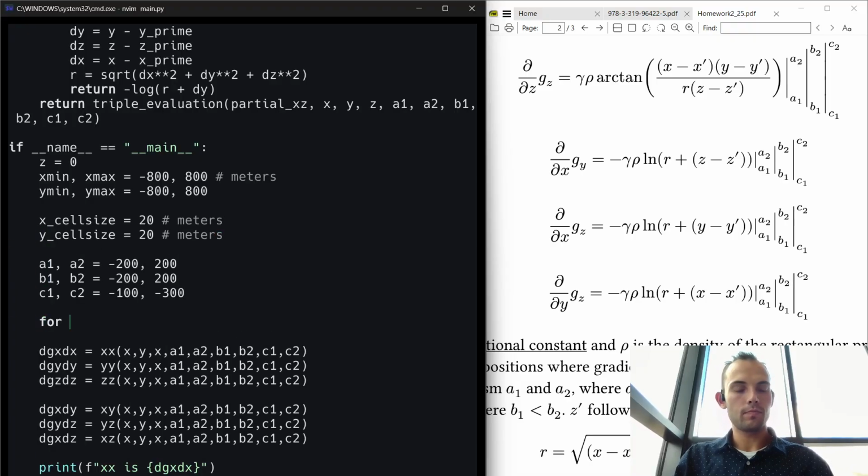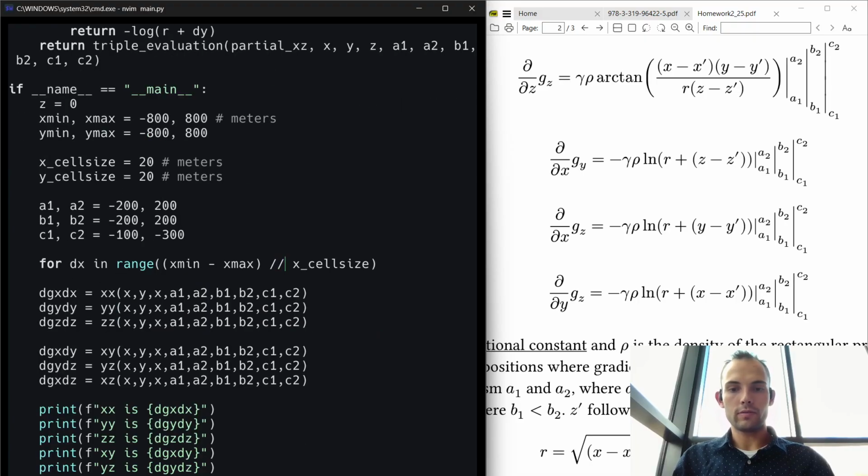In both. So for this step in the range x-min, the number of actual points is going to be cell size. Because it's an even multiple, I think we can do the integer division.